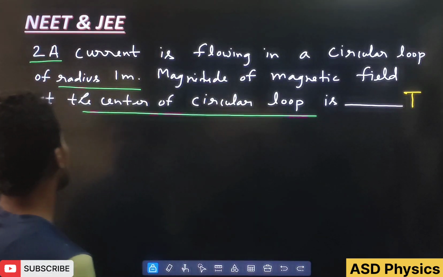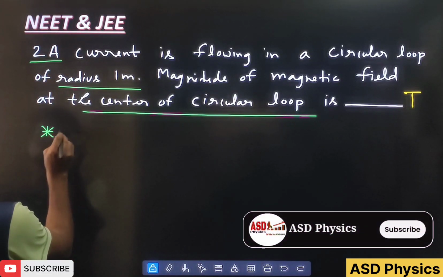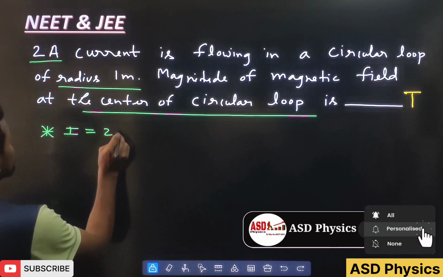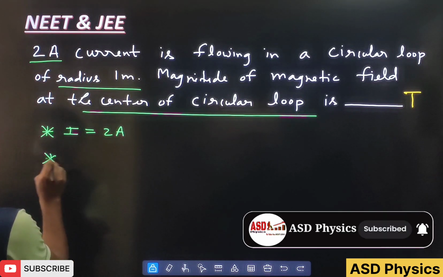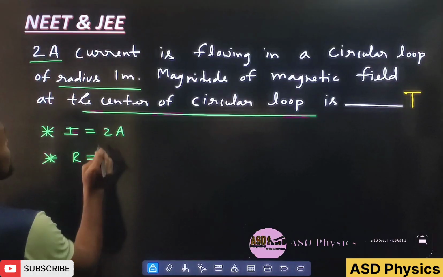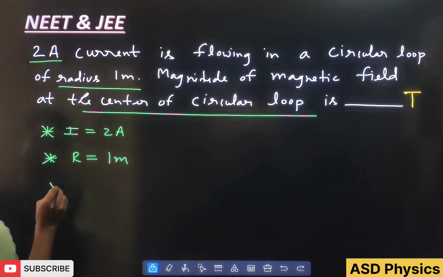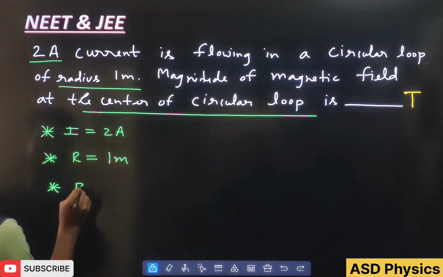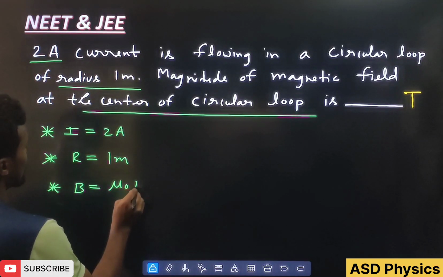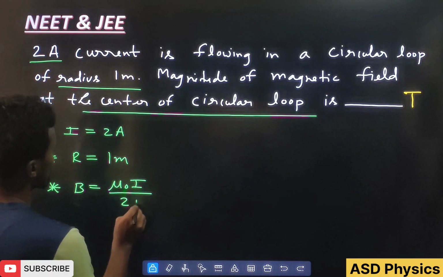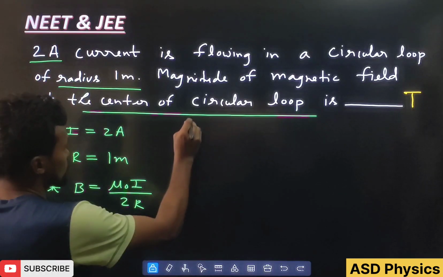That we have seen it. So remember that here in the question, what they have given here? Current is given 2 ampere, okay, and the radius they have given here how much here? 1 meter, is it? So we know very well here, no? Magnetic field B equal to, nothing is mentioned, so mu naught I by 2r, is it? So what we can write here?